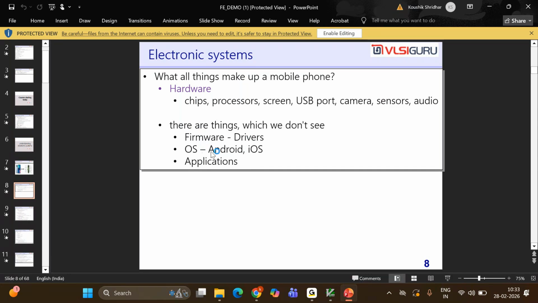Operating system examples are Android, iOS, Linux, Windows. Applications are whatever you are seeing on my screen, Microsoft PowerPoint is an application. You join this session through a meeting application. Chrome application, WhatsApp, Instagram, Facebook, media applications, right?